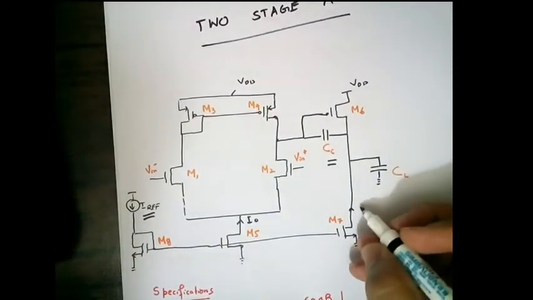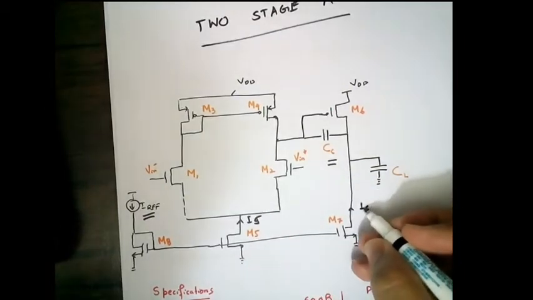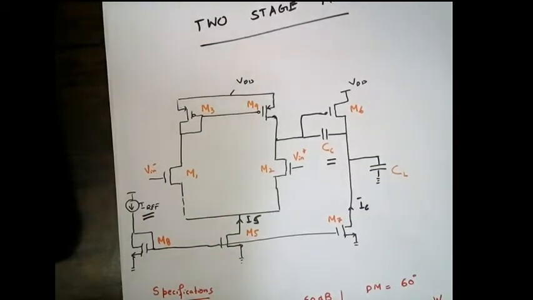So all of these currents, for example, this is I5, this is I6, whatever the currents flowing through these transistors, we also want to know these values.